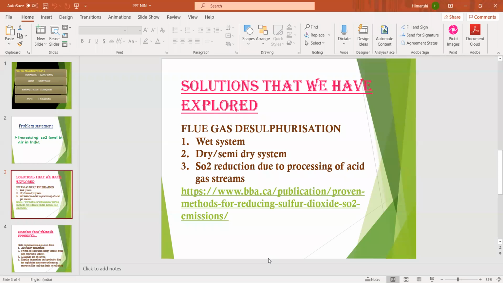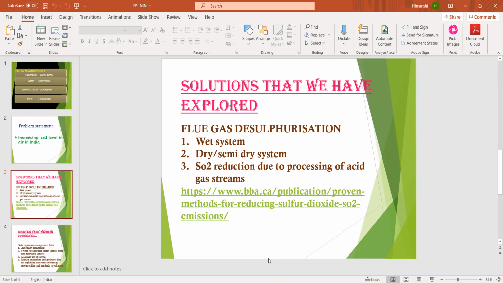The third one is SO2 reduction due to processing of acid gas streams. Additional stages of reaction, in addition to fine tuning the sulfur recovery unit, can increase the conversion of H2S into elemental sulfur and subsequently reduce SO2 emissions.